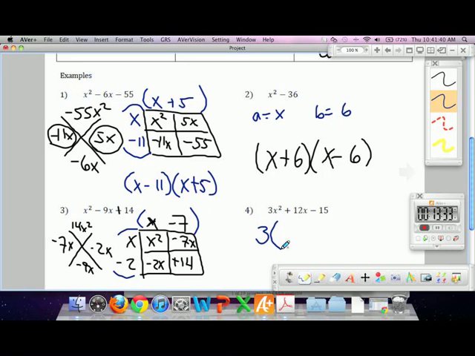And if you divide 3 out of 15, what's left over? 5. So we can rewrite this polynomial as 3 times this smaller one. Now you can factor the smaller one, using the box and diamond, with x squared, 4x, and minus 5, and come up with a solution that's completely factored.